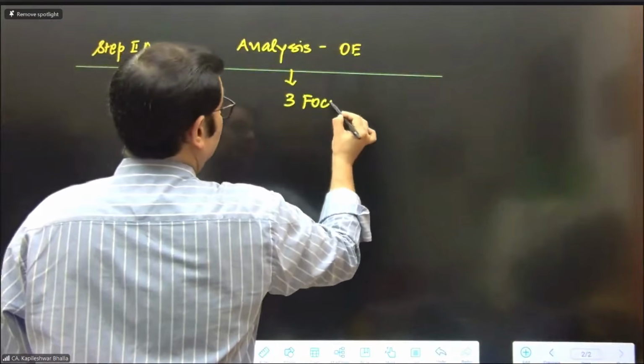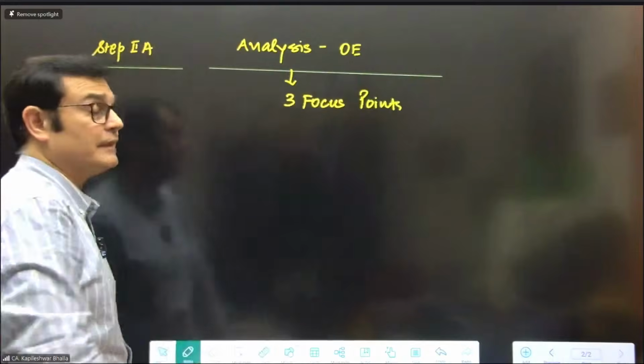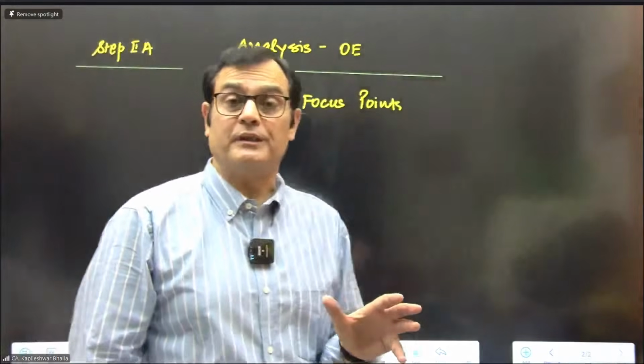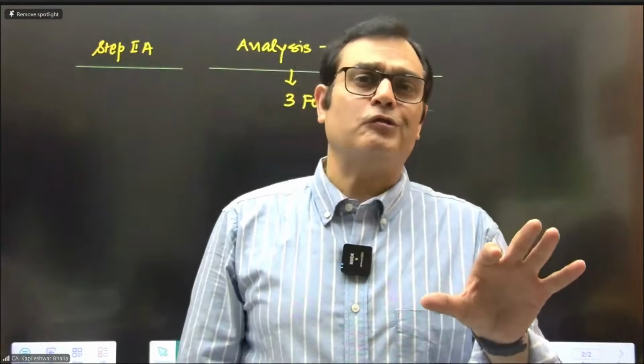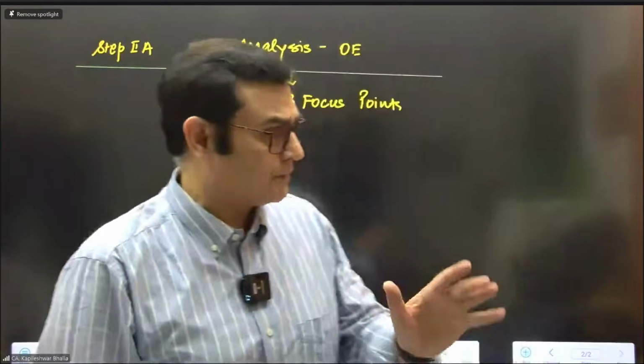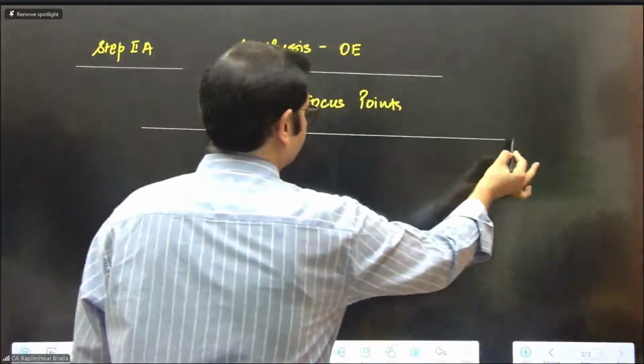This is the minimum of the focus points which I'm giving you. Depending upon the kind of adjustments, the focus points could increase. But based on the majority of the questions, you'll see 3 focus points in the balance sheet. So let's see what the focus points are.